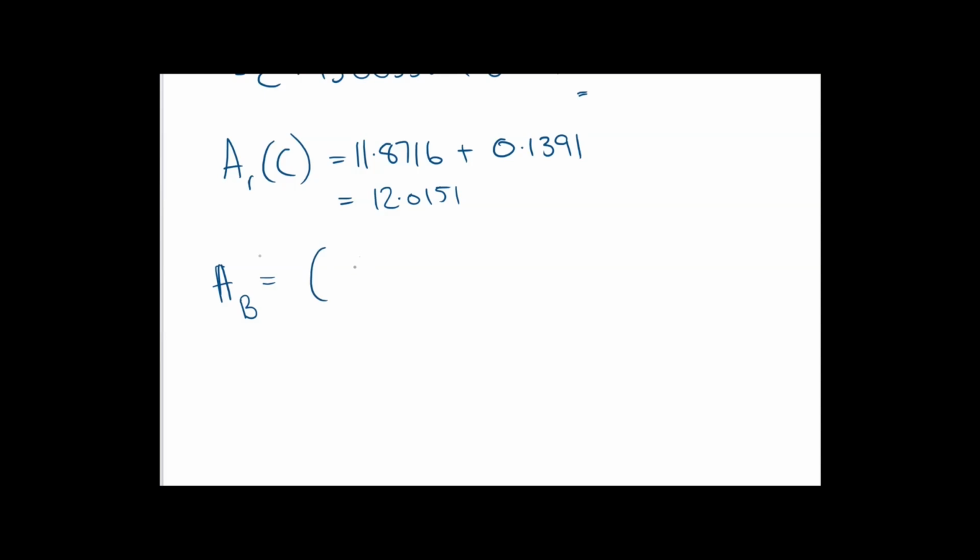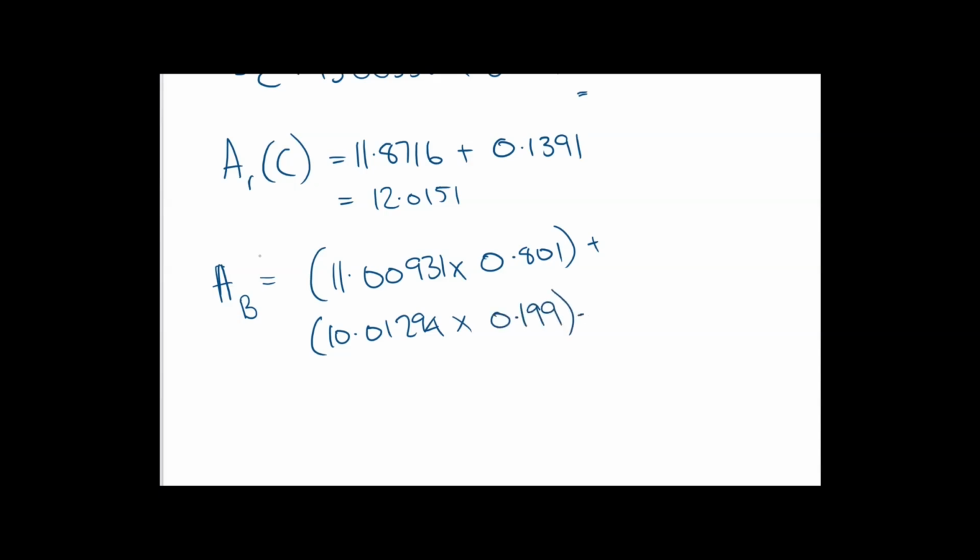So boron 11 had an atomic mass of 11.00931, and its relative abundance as a proper decimal fraction was 0.801. Plus, now boron 10 had a mass of 10.01294 and a relative abundance of 19.9%, which is 0.199.